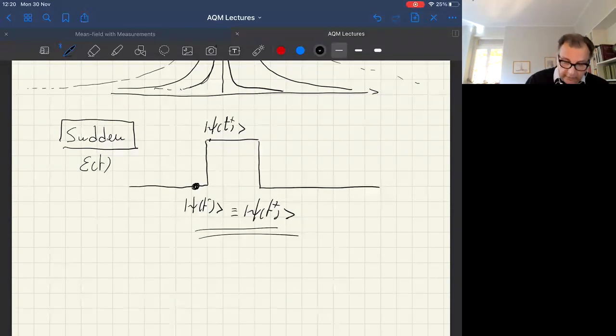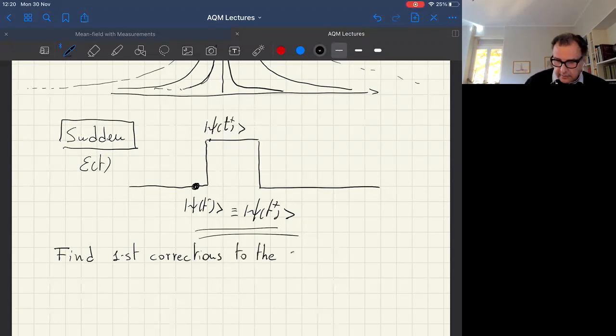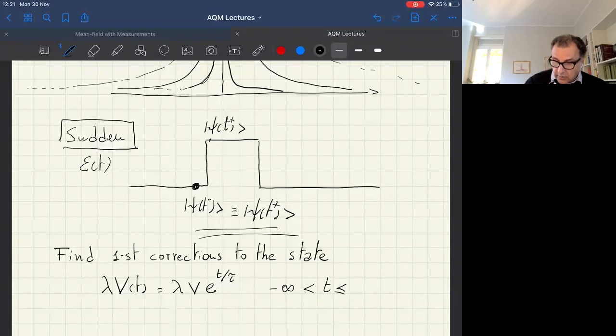Solve the problem: find the first order corrections to the state in the case in which the perturbation is still a harmonic oscillator, and lambda of t is given by lambda V e^(t/tau), and you have to consider the system from minus infinity to t equals 0.